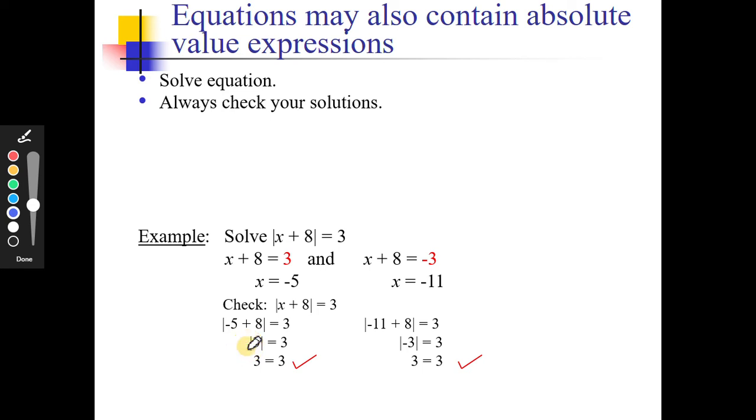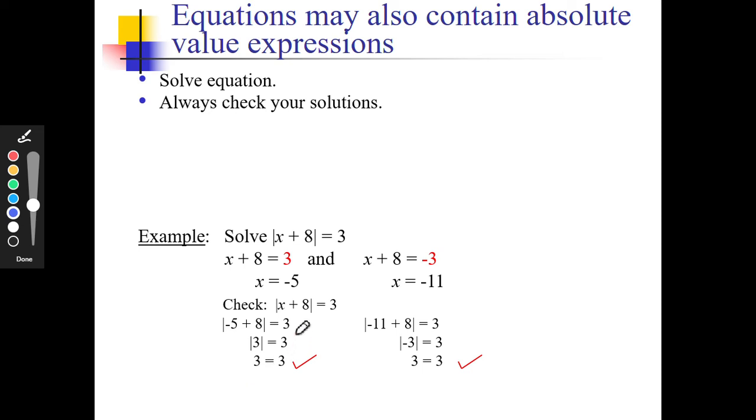The question is, how far is 3 from 0 on the number line? How far is 3 from 0 on the number line, and that is 3, and that's why we have 3 right here.